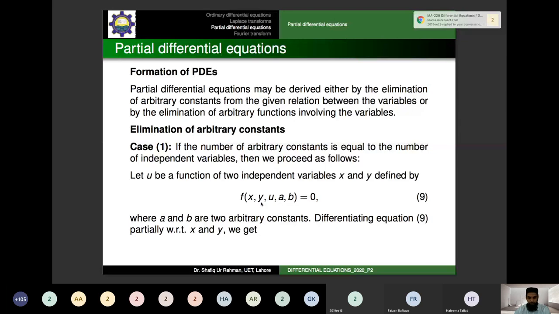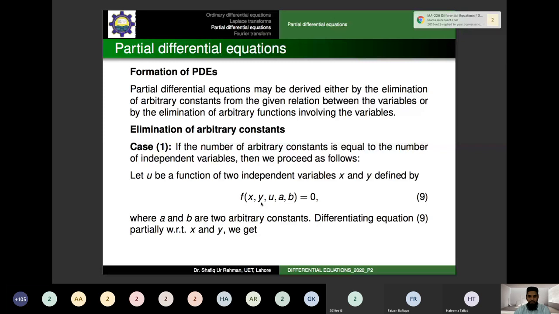If you differentiate partially with respect to x, it is going to be partial f upon partial x plus partial f upon partial u, times partial u upon partial x, since u further depends upon x. Pretty much on the same line, if you partially differentiate with respect to y, we will be having equation number 11.